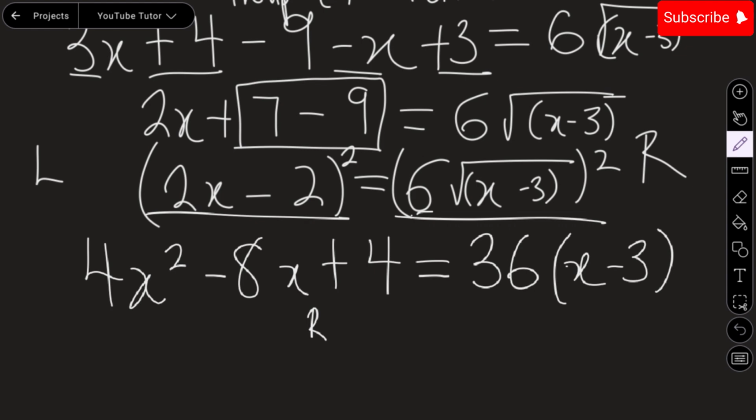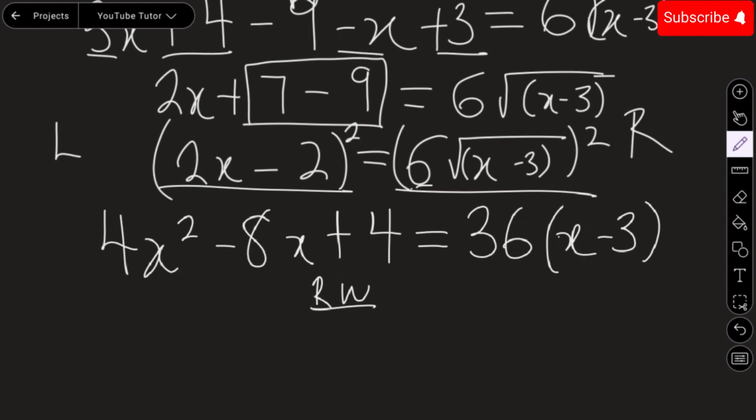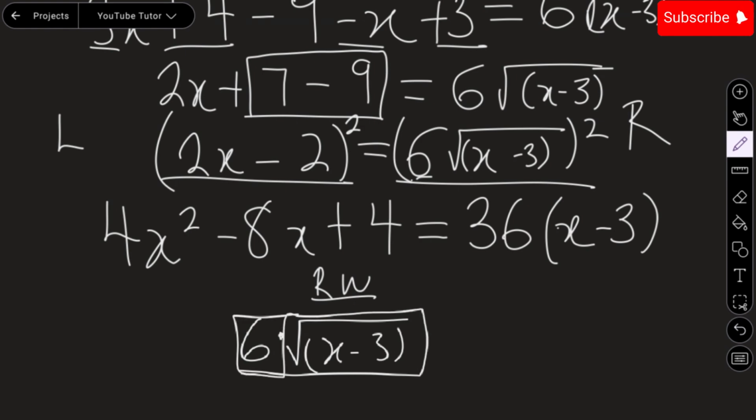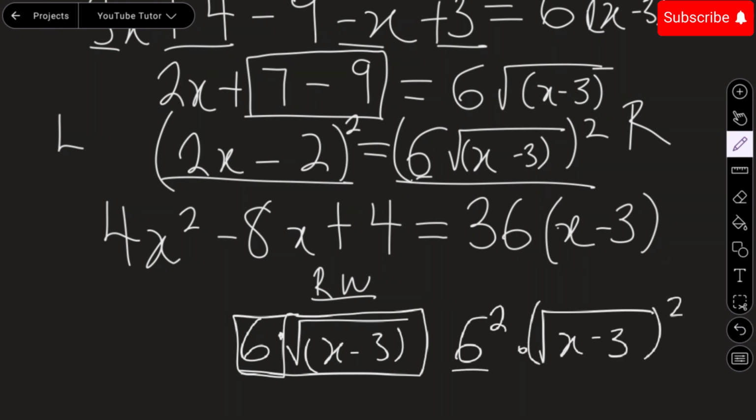For this one, I can just do some little rough work for you. We have 6 times root of x minus 3, so it is multiplying. So the 6 on its own will be squared, times root of x minus 3 will also be squared. 6 squared gives us 36.